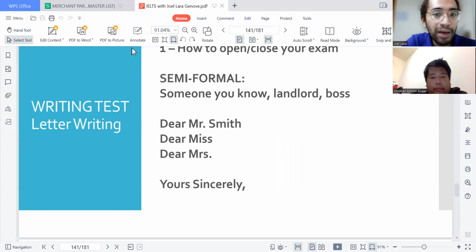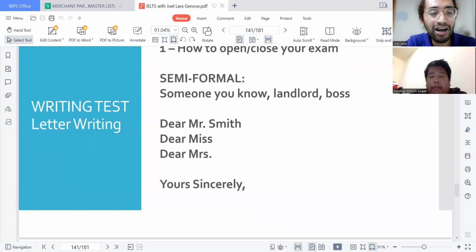Be mindful about Miss, M-I-S-S, and Ms, M-S. When you are sure that the recipient is unmarried and doesn't have any kids, you use Miss.